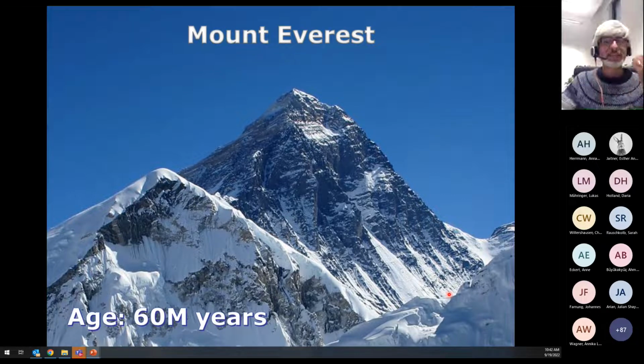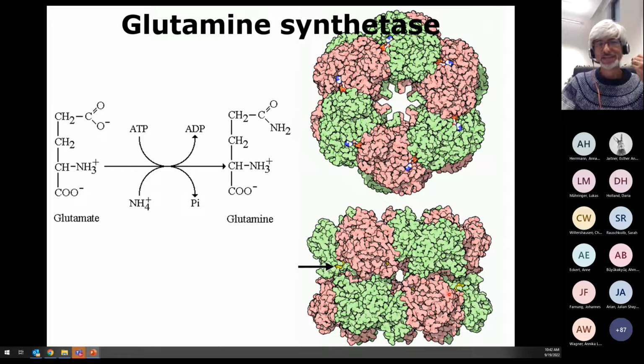However, even in tiny bacteria, who live maybe minutes, maybe a few hours, half a day, we have objects like glutamine synthetase, a tiny molecule, angstroms large, which is doing an important enzymatic activity, converting glutamate into glutamine.